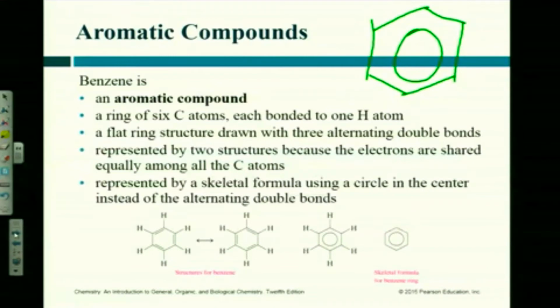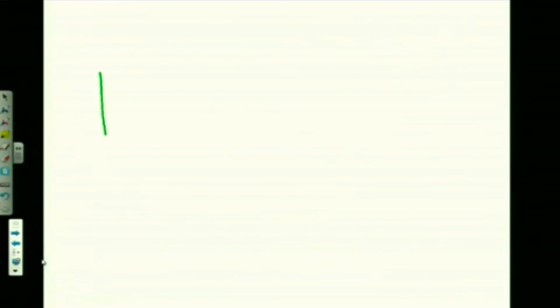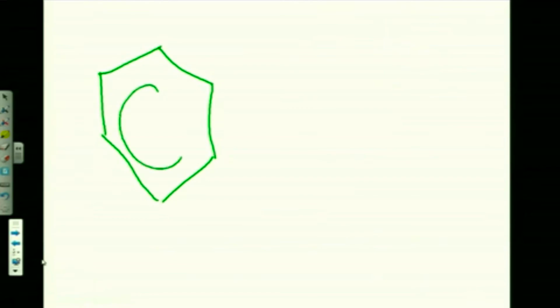Chemistry joke time. This is benzene, right? What is this? It's Mercedes benzene.